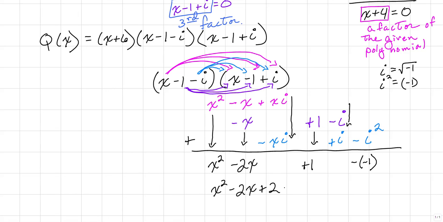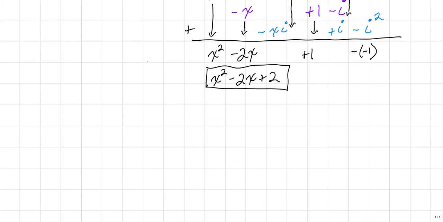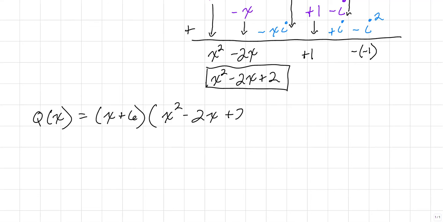Now, that I'm going to take and multiply by x plus 6. So q of x is now the quantity x plus 6 times x squared minus 2x plus 2.